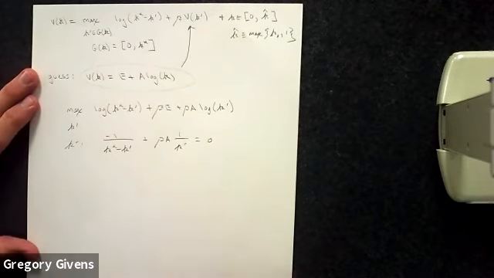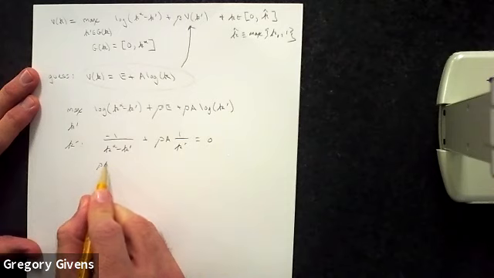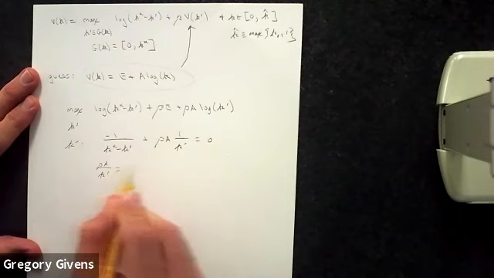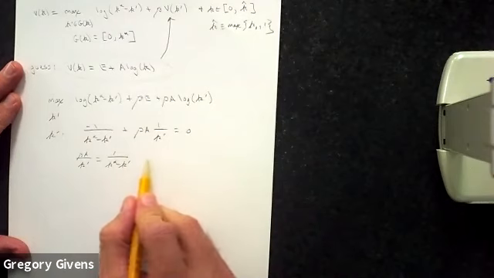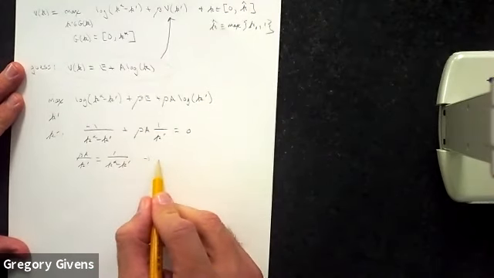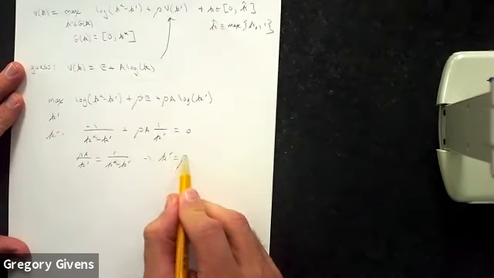Can't we solve this equation directly for k prime? Yeah, so we've got beta a over k prime is equal to 1 over k to the alpha minus k prime. If I cross multiply, you've got a k prime is equal to beta a k to the alpha minus beta a k prime.